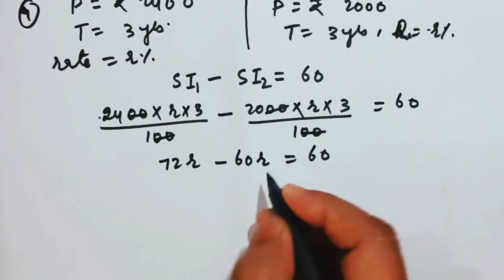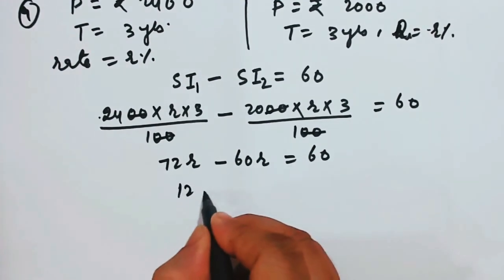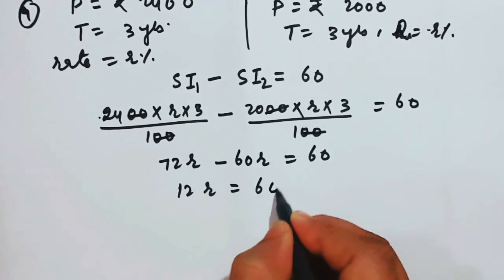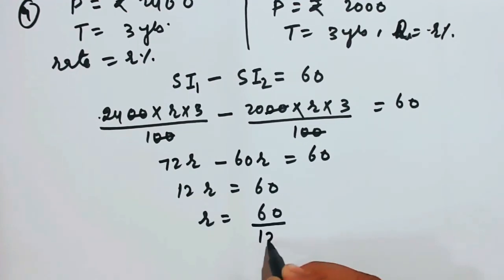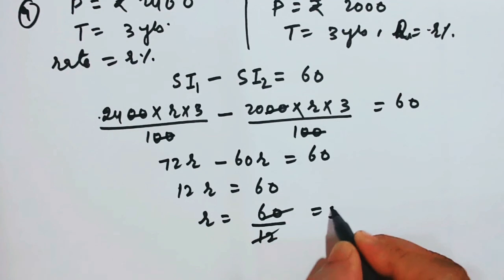So 72 minus 60 is equal to 12. 12R is equal to 60, or rate will be equal to 60 by 12, which is equal to 5%.